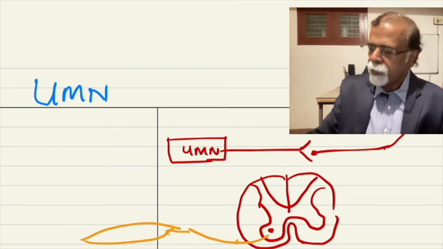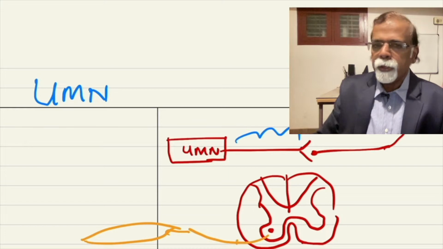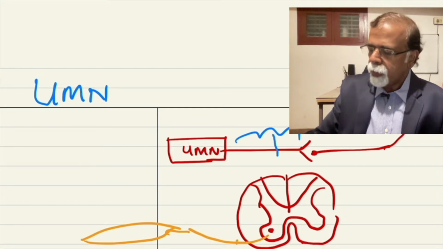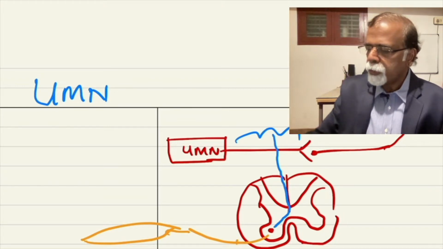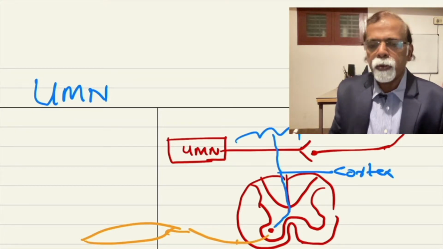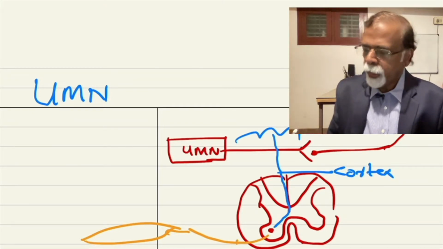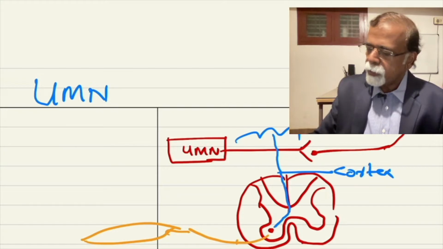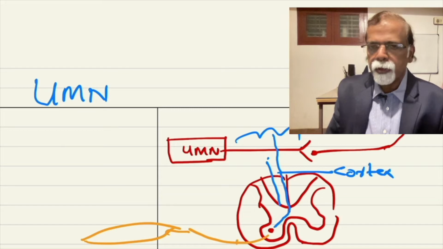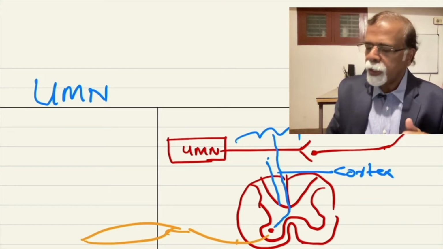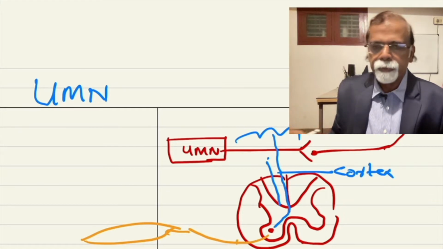It can be from the cortex, descending down to the spinal cord, and it is then called the corticospinal pathway. There are also brainstem pathways like vestibulospinal, tectospinal, rubrospinal, reticulospinal, etc., about which we will discuss in another session.